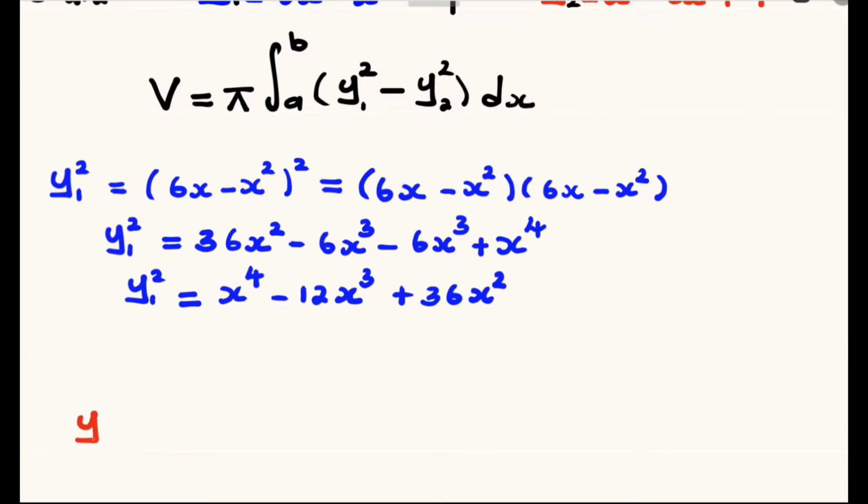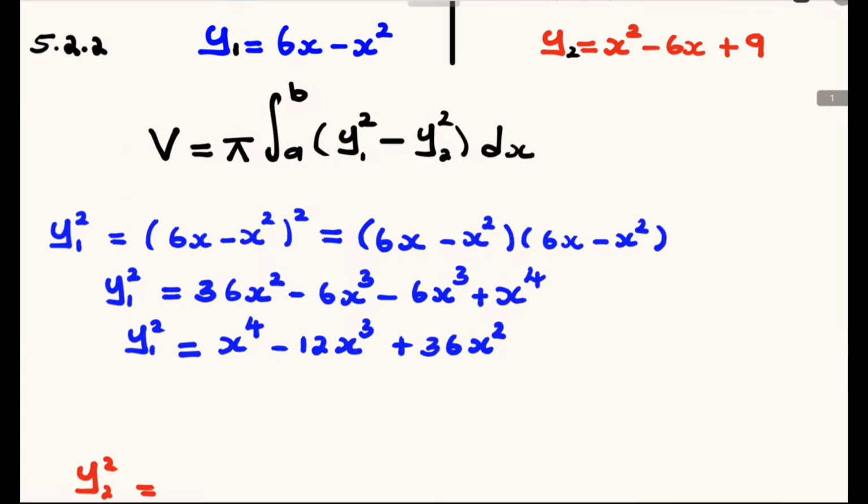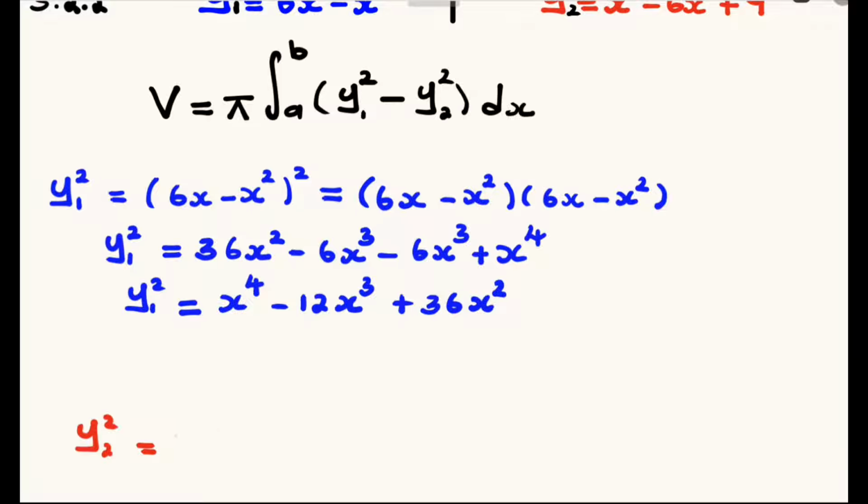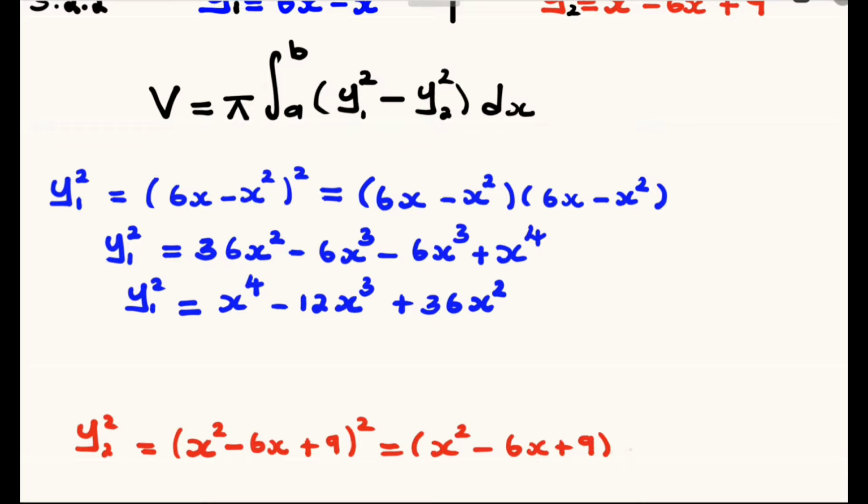So the y2 squared will be equal to x squared minus 6x plus 9, raised to the power 2, which will be equal to x squared minus 6x plus 9 multiplied by x squared minus 6x plus 9.